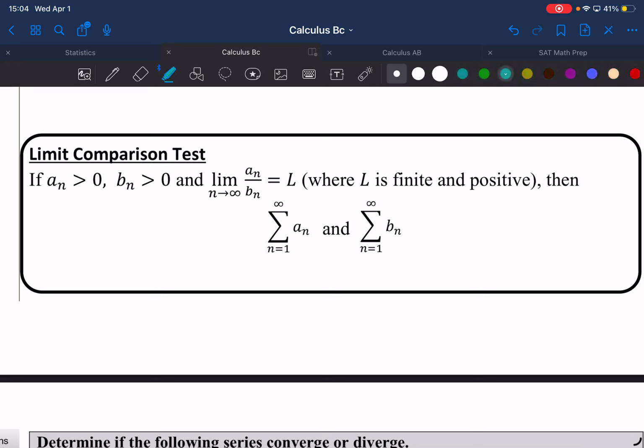It says as long as a sub n and b sub n are positive, greater than 0, then we can take the limit as n approaches infinity of a sub n over b sub n. And as long as we get a limit that is finite, which means exists, and positive, then we can say that the summation of a sub n and the summation of b sub n either both converge or both diverge.